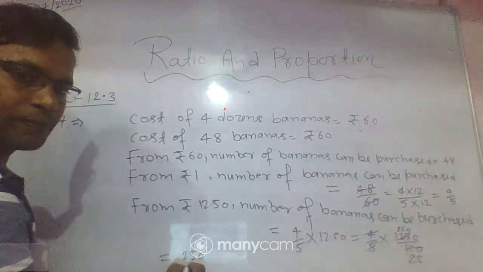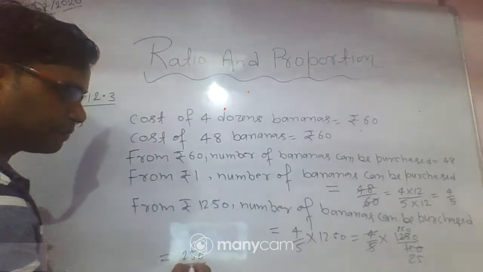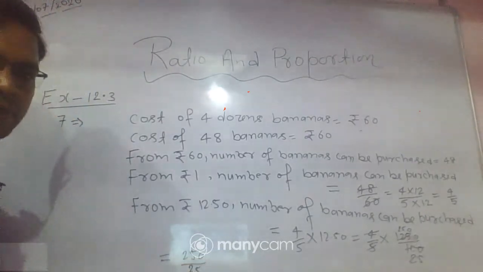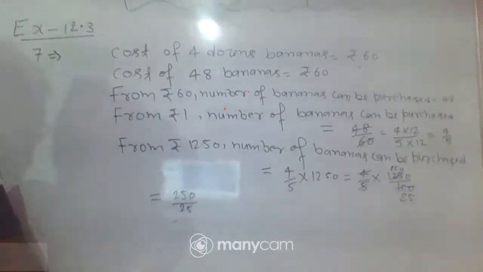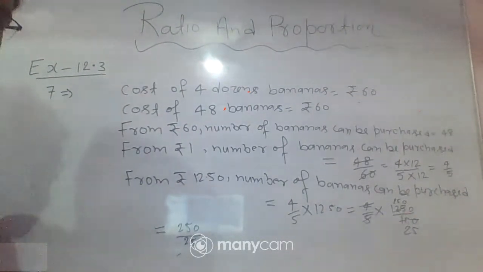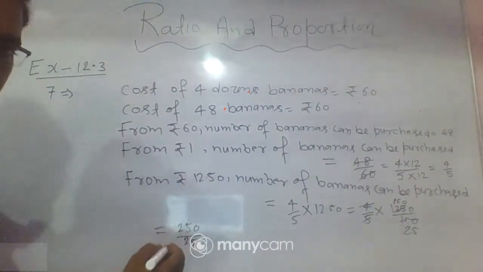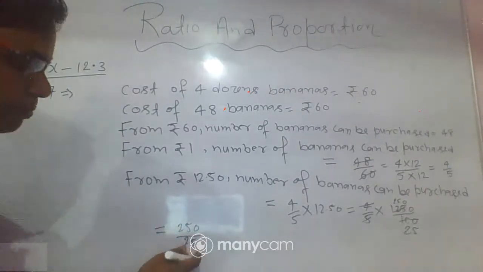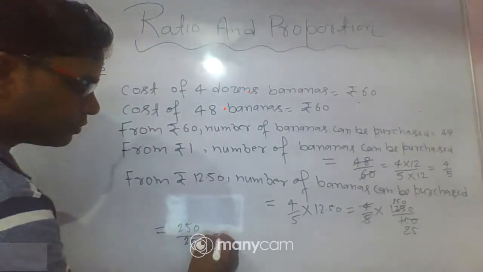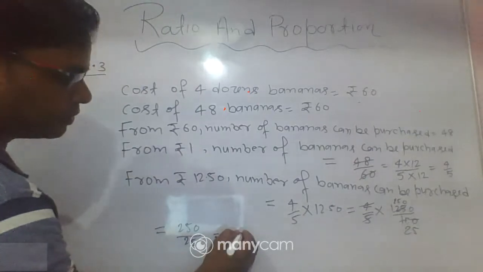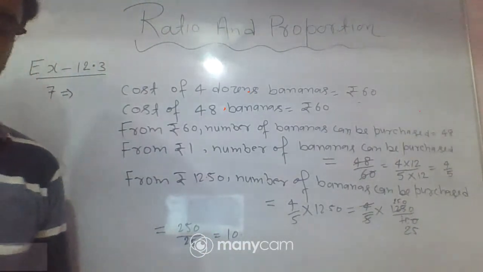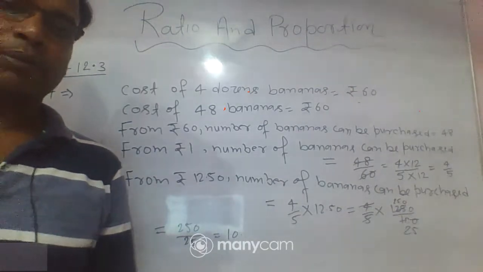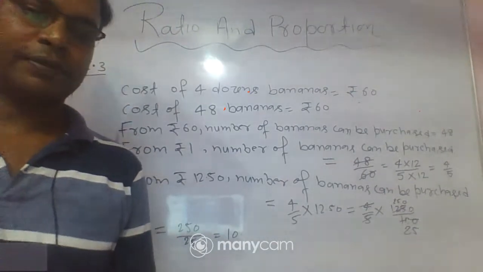So in this way, we obtain 250 by 25, this is equal to 10.